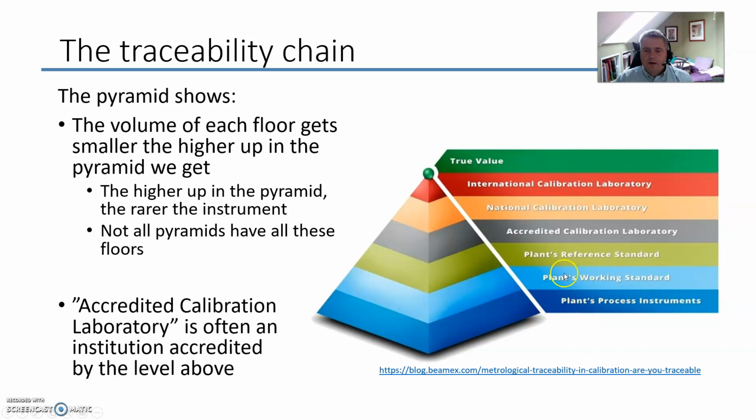There may be on the plant one working standard, so you may have one instrument that you use to calibrate all your instruments in the field. Then maybe even a reference standard, and then you go up to someone else who has an accredited calibration standard and a national standard, and then the international standard.